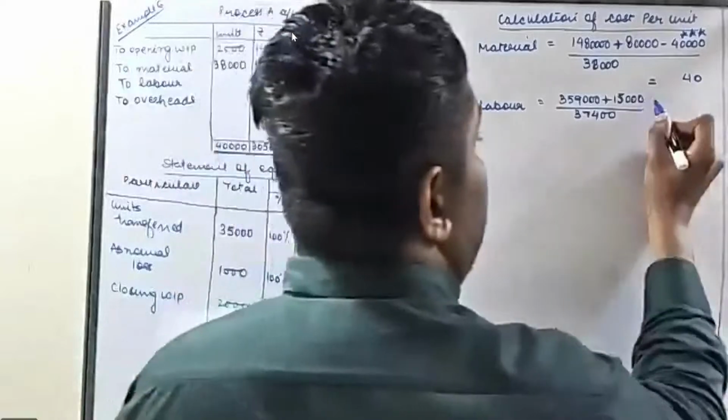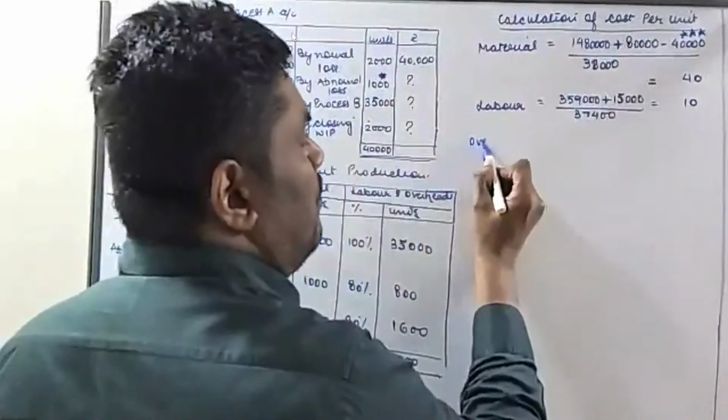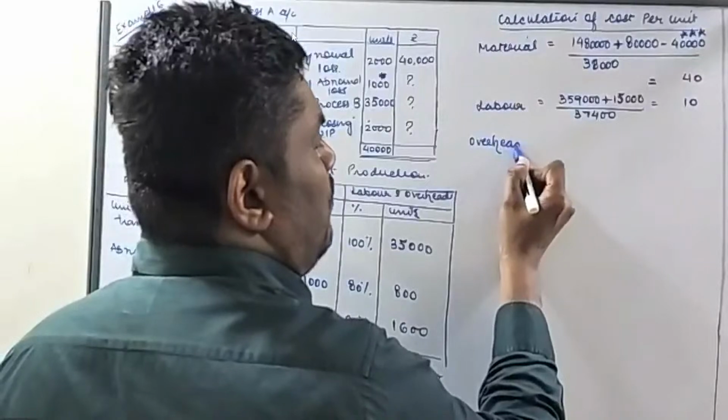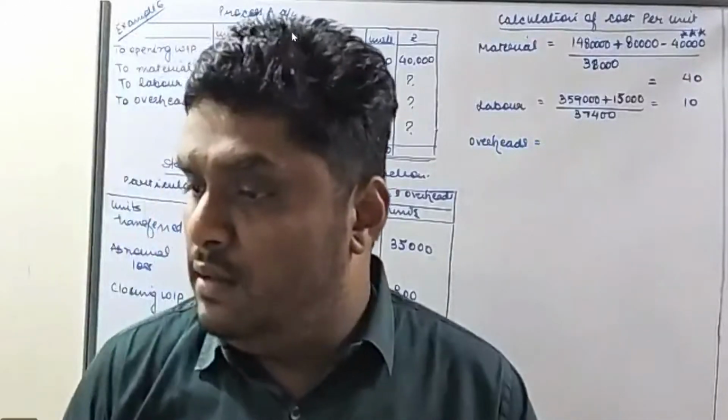So this is rupees 10. So next is overheads.